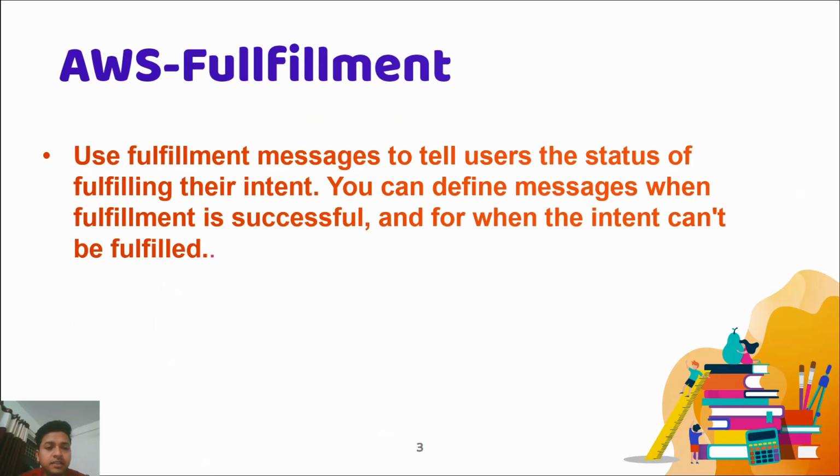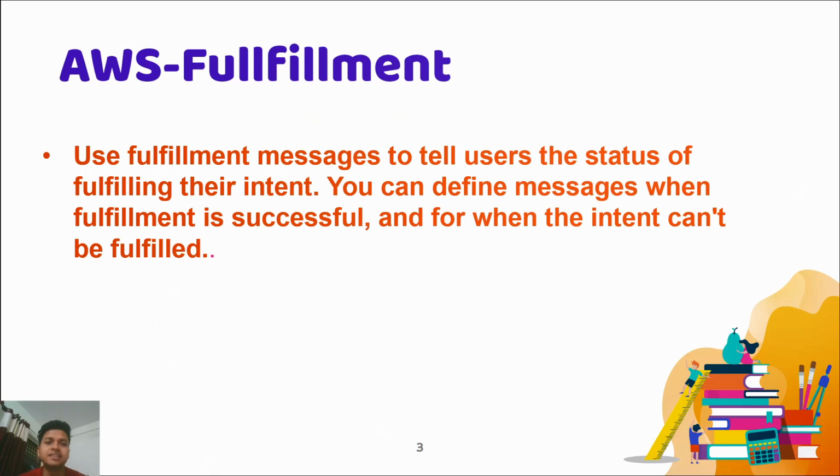This is a definition I got from the official documentation website. Use the fulfillment message to tell the user the status of fulfilling their intent. You can define messages for when fulfillment is successful or for when the intent can't be fulfilled.